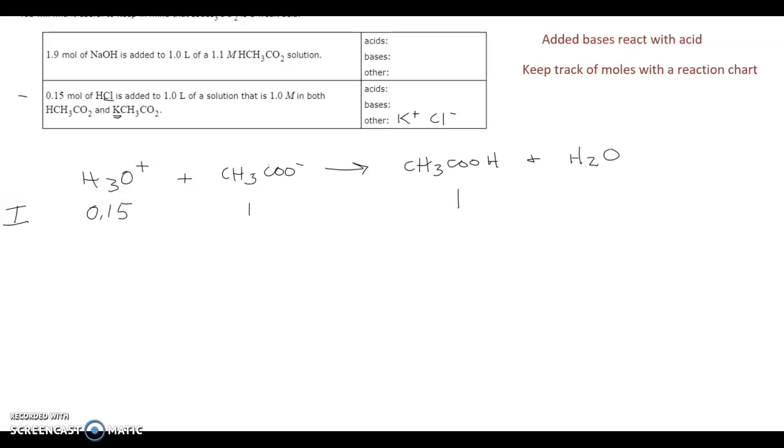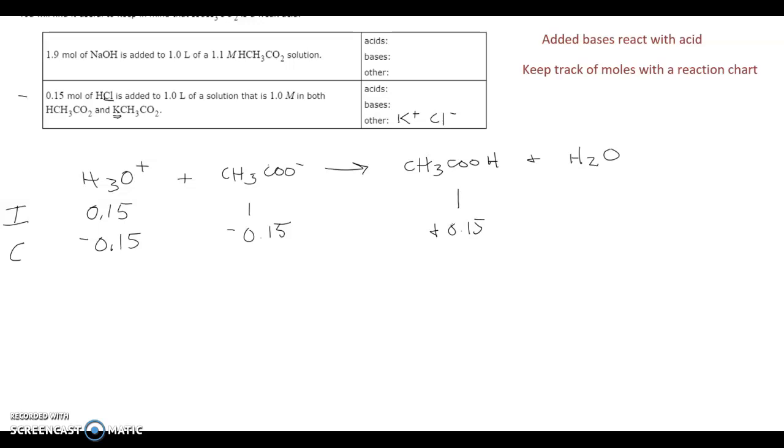Now again, we do a change, which is zeroing out the limiting reagent. So minus 0.15, minus 0.15, and plus 0.15.